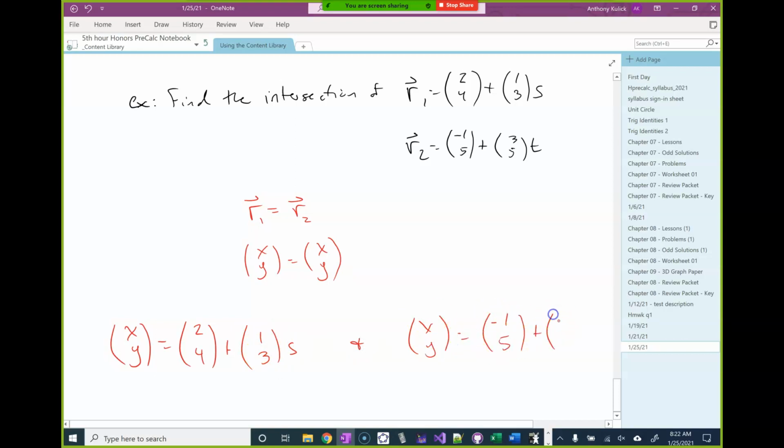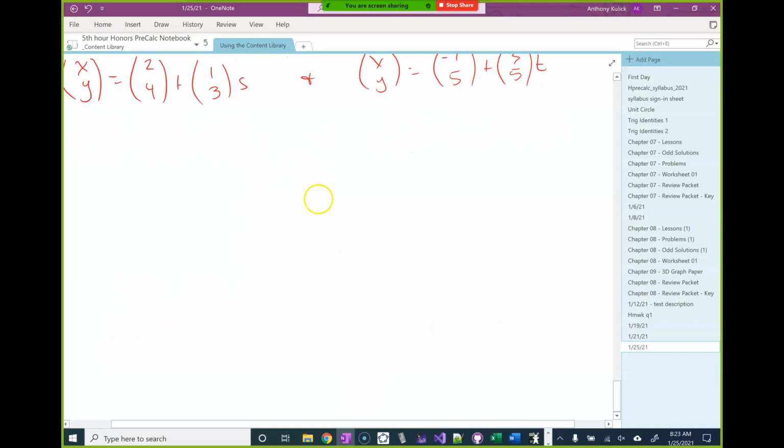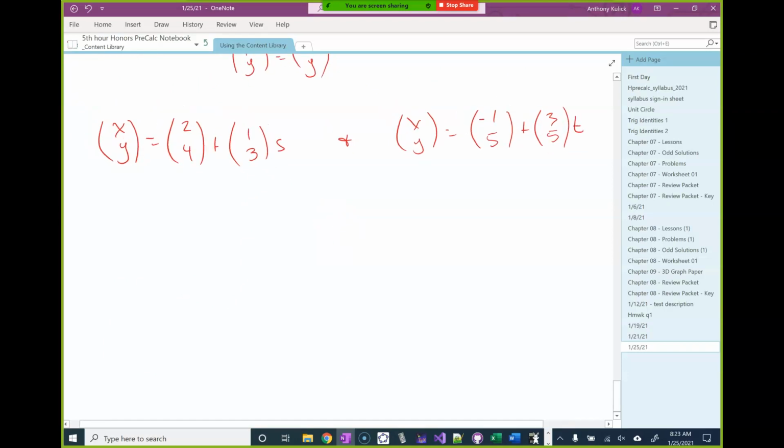And what I'm seeking to do is find the values for x and y, right? So I'm going to go ahead and do my scalar multiplication and multiply that s into my vector. And similarly, I'm going to multiply that t into my vector. And then I'm going to go ahead and do my vector additions.